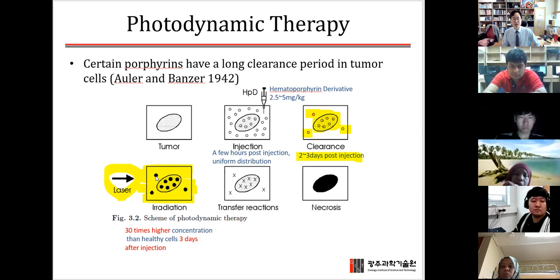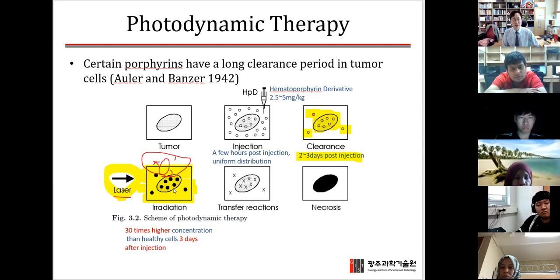Those photosensitizers absorb the laser energy, and as you have seen from the previous table, it goes through multiple steps. But finally, it makes excited singlet state oxygen, which is the reactive oxygen. And this reactive oxygen damages the cells surrounding those photosensitizers.